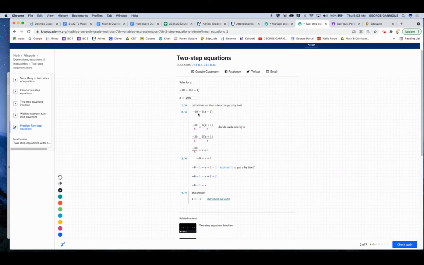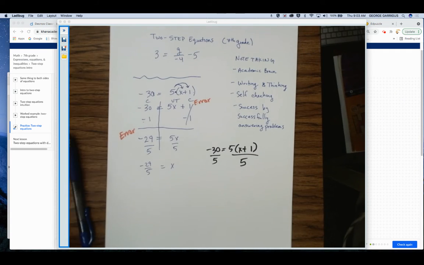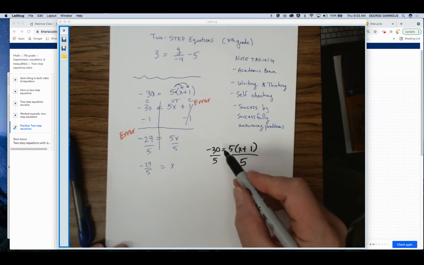So let me start with negative 30 equals 5 times x plus 1. And they said you could divide both sides by 5. So I'm going to go to this step here and write it. Divide by 5. Now I'm writing this on my paper because I want to learn it. Okay, so they did this.